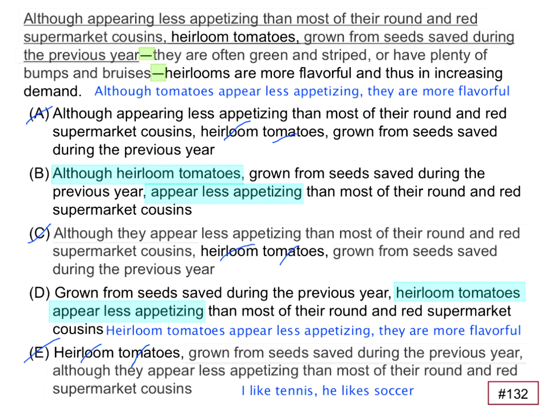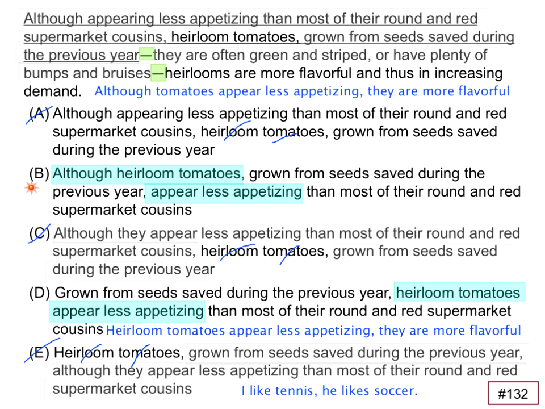If you're going to connect two complete sentences, there are different ways to do that, but this is not one of them. You have to stick a conjunction in between, like, I like tennis, but he likes soccer. Or as Anna's suggesting, we have to use a semicolon. I like tennis; he likes soccer. So you can't just stick a comma in there and go straight into another sentence. And that's what answer choice D is doing.